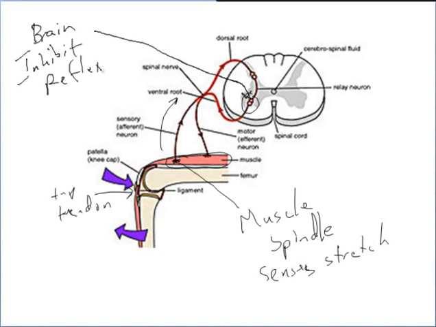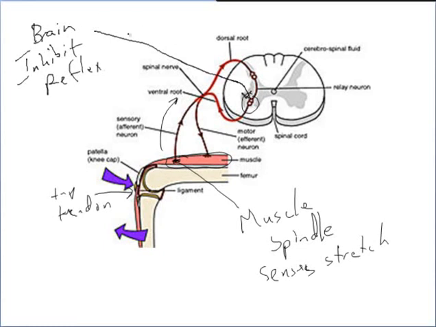So that means that when you elicit a reflex, the reflex looks normal because the brain is doing its job inhibiting it. So if you do a knee-jerk reflex, you tap the patellar tendon and the limb jerks. It looks normal because the brain is inhibiting it.